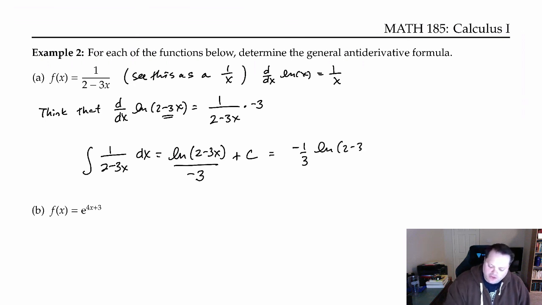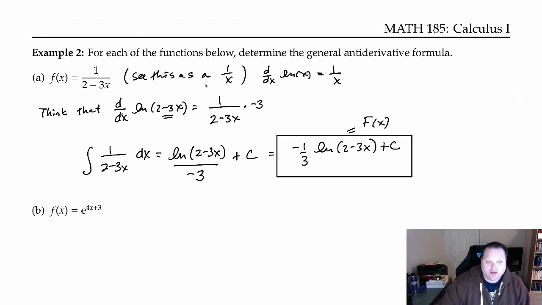And if you're ever unsure that you've gotten a correct answer on an antiderivative problem, there's a really easy way to check it. If this is little f, then capital F is the antiderivative. Here's the way that you check it. You just differentiate the antiderivative and see if you get back to f.